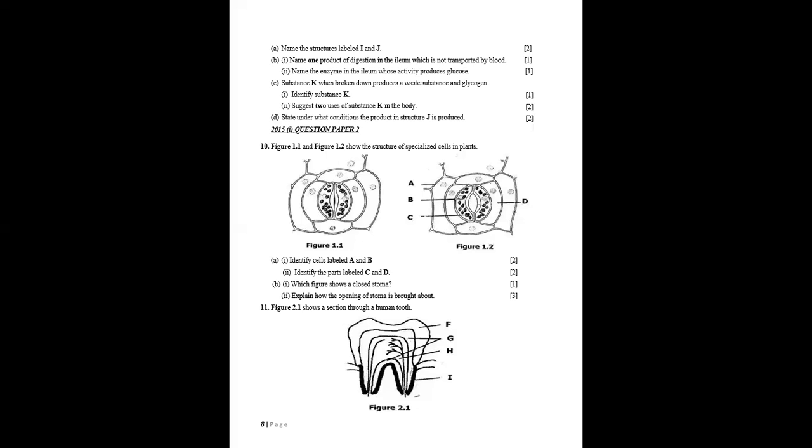This inflow of water raises the turgor pressure inside the guard cells. The pressure causes the guard cells to curve in such a way that the stoma between them opens.